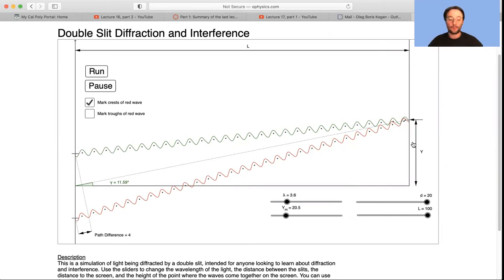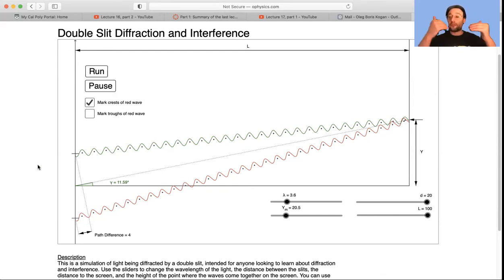So here's the screen. You will notice that this green wave and the red wave, up until this dashed point, are of the same length. The path length is the same. So the length of the path from this point up until this dashed line is the same as the length of the green path.